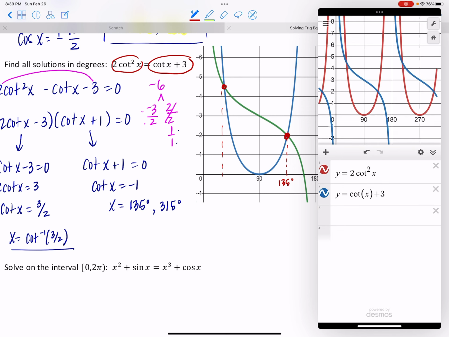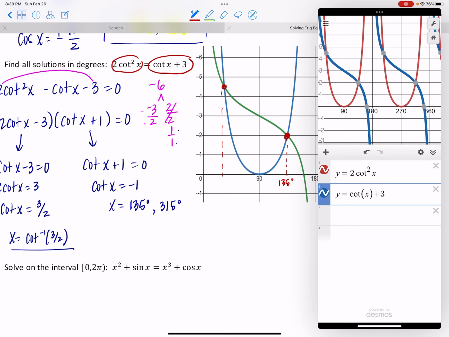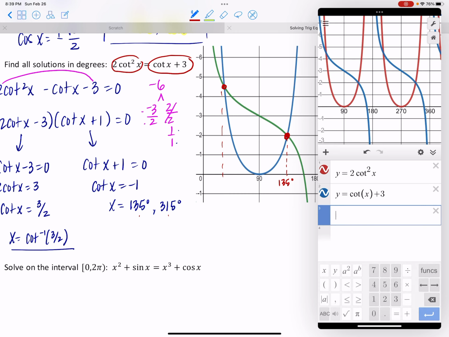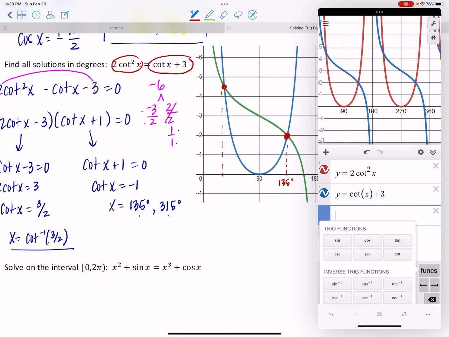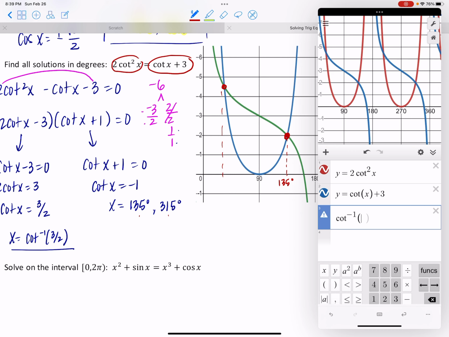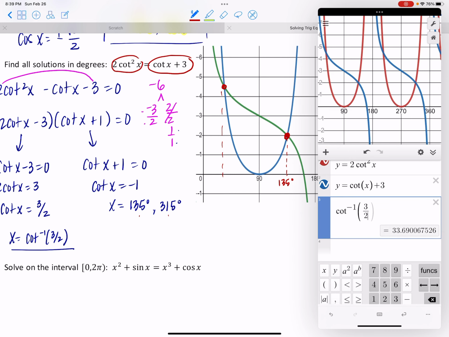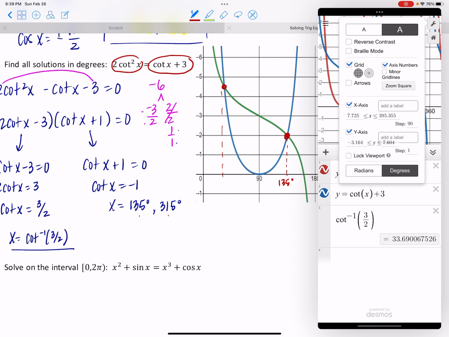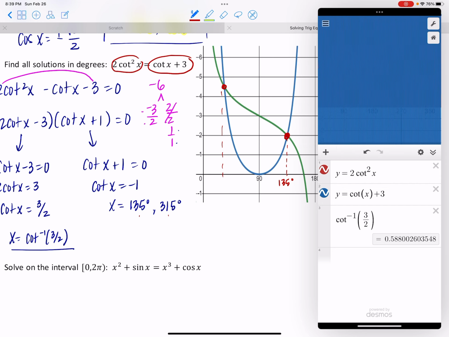Here's our picture. 0 to 360, I can see at 135, I got that solution. And at 315, I got that solution. Now these other solutions, about 33 degrees and then 213 degrees, those 2 decimals we would get by finding the inverse cotangent of 3 halves. And there it is, 33 degrees. Now be really careful, because normally your calculator's in radian mode. If you are in radian mode, then you're getting about 0.58 radians, but we don't want that.